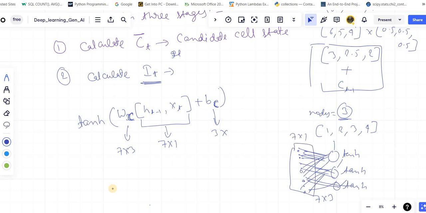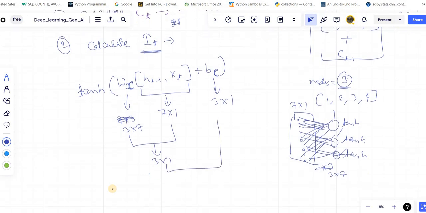Sorry, this is 3 cross 7, not 7 cross 3. Here also 3 cross 7. So you will do multiplication with this, here you will get 3 cross 1, and this one is 3 cross 1, and so this one will go with transpose.